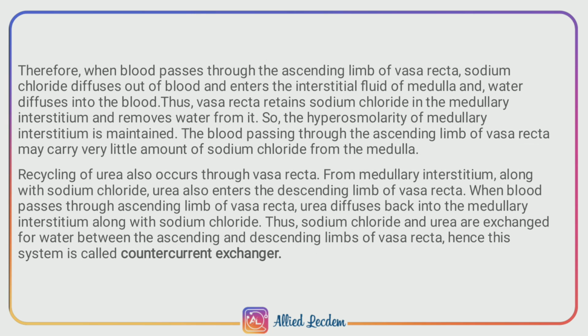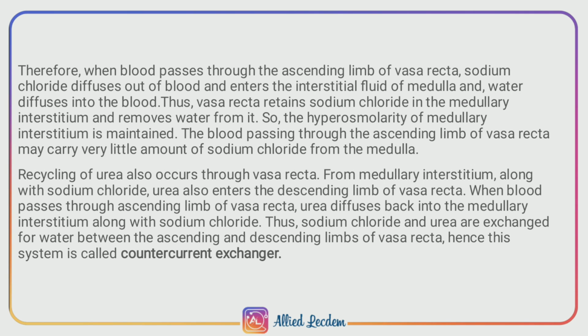When blood passes through the ascending limb, sodium chloride diffuses out of blood and enters the medulla, and water diffuses from the medulla into blood. Sodium chloride is retained in the medulla and not removed from it. So, the hyperosmolarity of the medulla is maintained. The blood that passes to the ascending limb may carry very little sodium chloride.